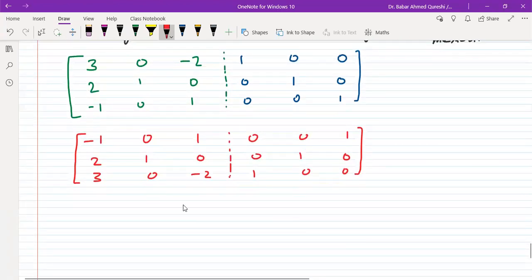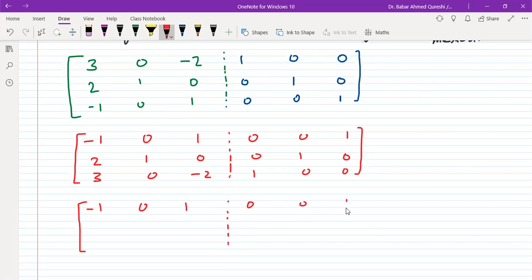Now I can add, I'll make this one later, but I can add 2 times this to row 2 and 3 times the row 1 to row 3. So the first row doesn't change. And 2 times this added to this.